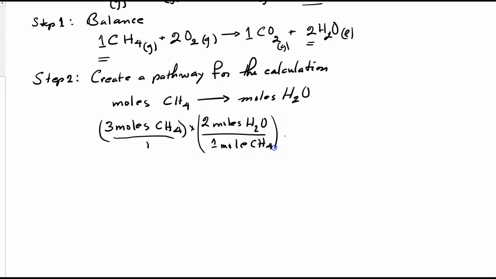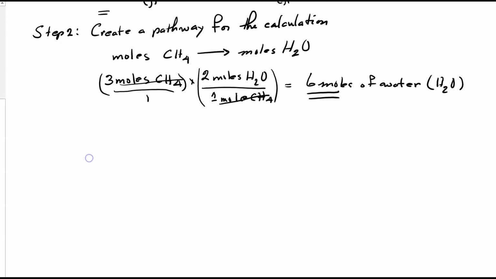So you can see very easily that moles of methane cancel, and that's simply going to yield 6 moles of water. Okay, that one was pretty straightforward. It wasn't too complex, but I think you can see the process.